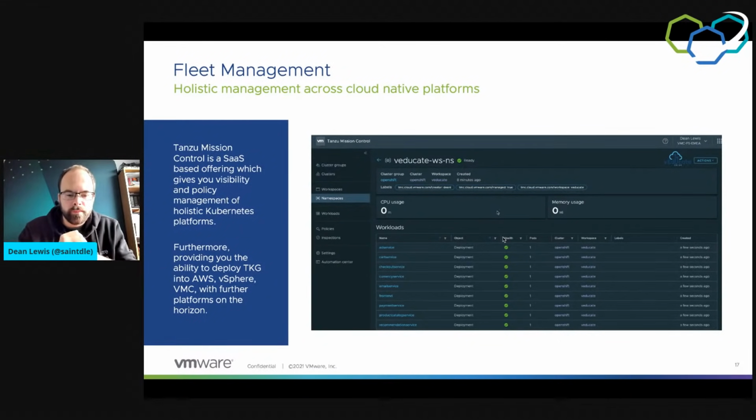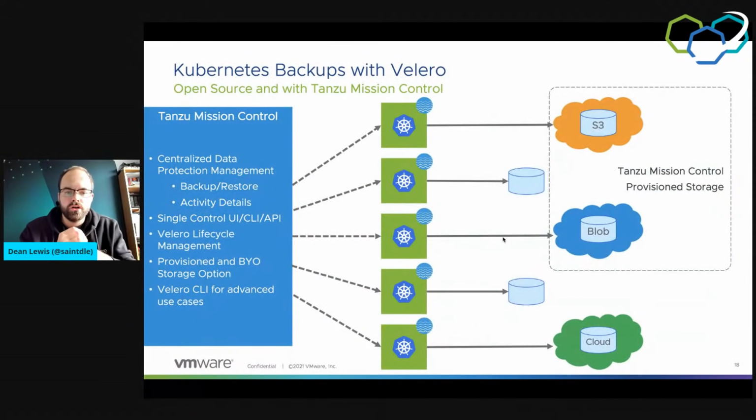But obviously today we're more interested in the ability to use the data protection feature. And essentially what we're doing here is leveraging Velero under the hood, but we're centralizing that data protection management plane through Tanzu Mission Control.